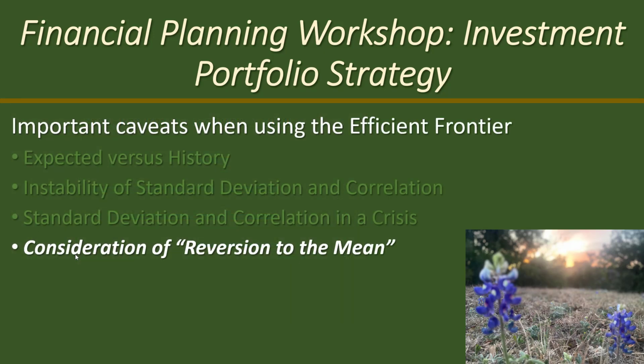So what's one thing you can do to maybe help protect yourself when you see markets moving in radical ways? There's something we have in finance that we call reversion to the mean. What reversion to the mean implies is if an asset class moves dramatically in one direction or the other. So let's say stocks have been up dramatically for 10 years like they were in the 1990s.